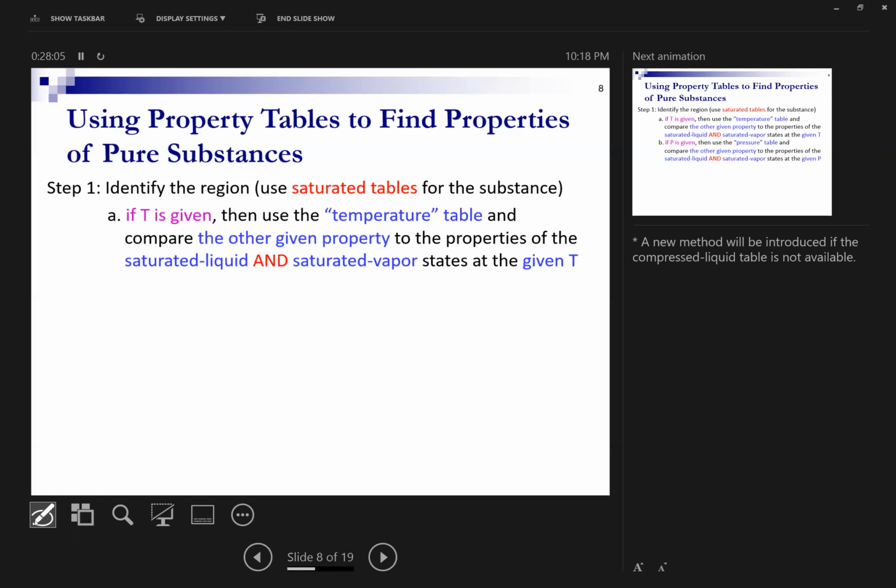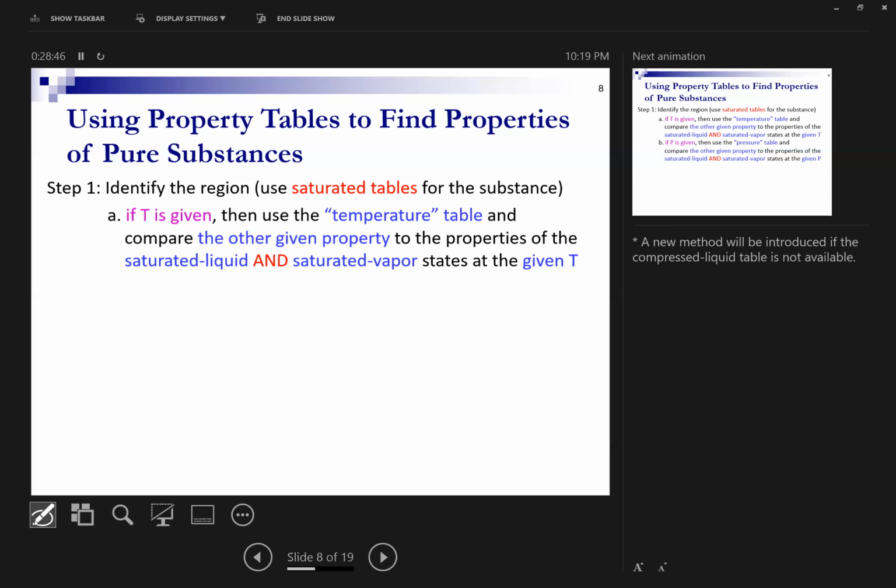So if I'm given temperature in a problem, it means that I have temperature and a second property. So I use the temperature table, for instance the saturated water table that is tabulated based on temperature. I look at the given temperature, and at that temperature I compare the second property with the properties of saturated liquid and saturated vapor.